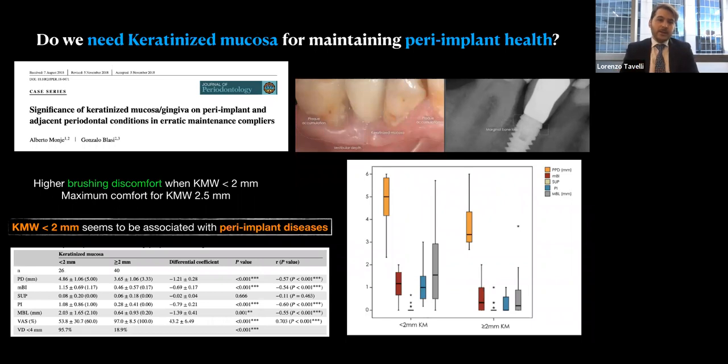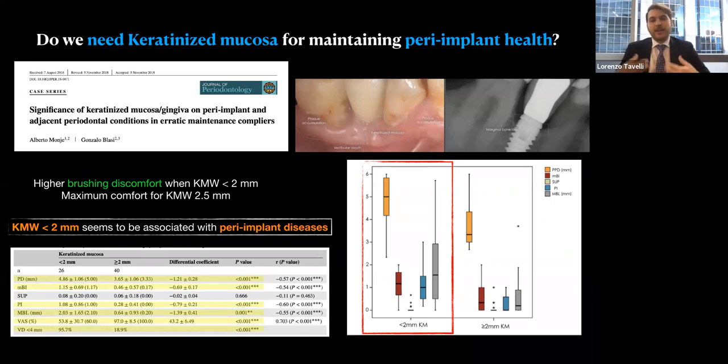Now, very quickly, this other article from Monje and Blasi demonstrated that all of these parameters we previously discussed, in terms of depth, suppuration, inflammatory index, and also patient-reported discomfort during brushing, are actually worse in patients having a very narrow band of keratinized mucosa, and in particular not just in patients coming frequently to maintenance appointments, but in the so-called erratic maintenance compliance, which I believe is a very relevant observation in our practice, because we don't have to assume that all patients will come every 3, 4, or 6 months.